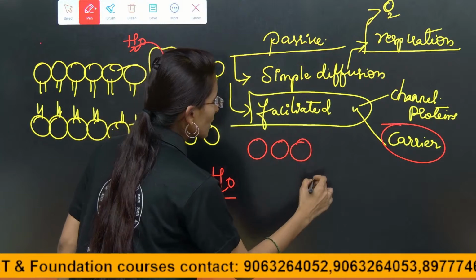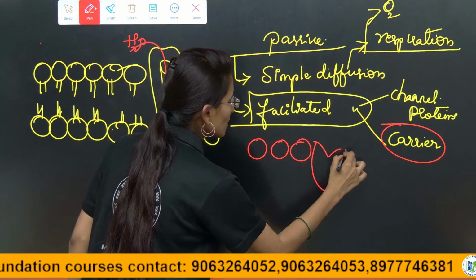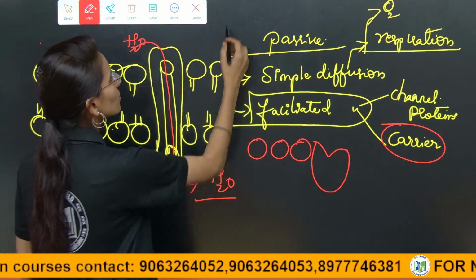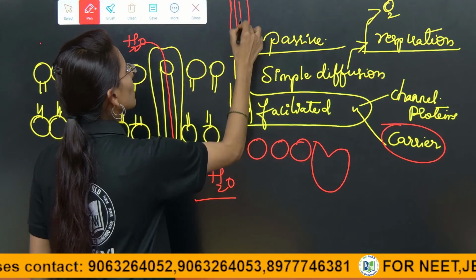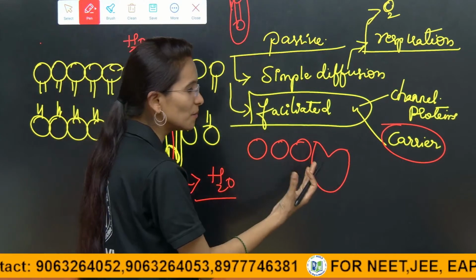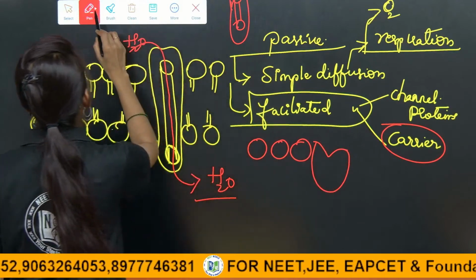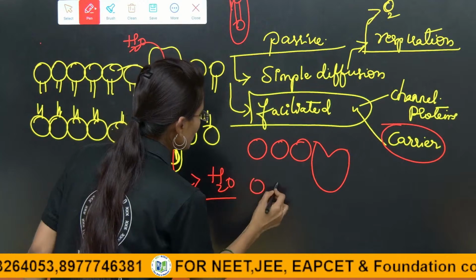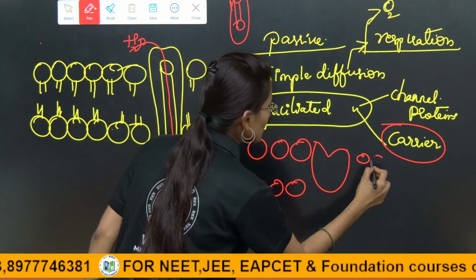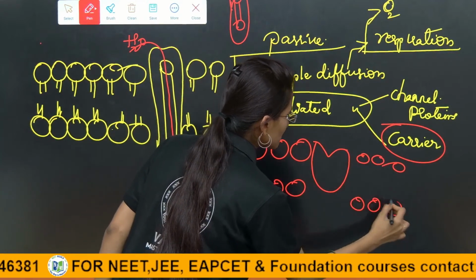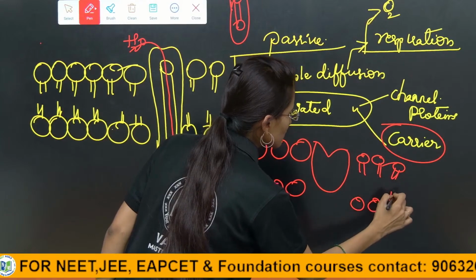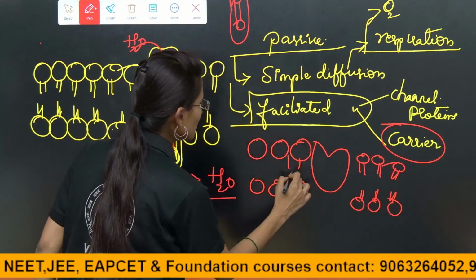Here the channels are located in this way. These are the carrier proteins, children. This is the hydrophilic heads of the plasma membrane, and these are the tails of the plasma membrane, the phospholipid bilayer.